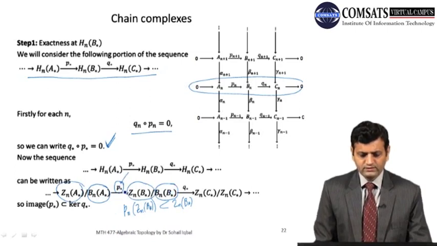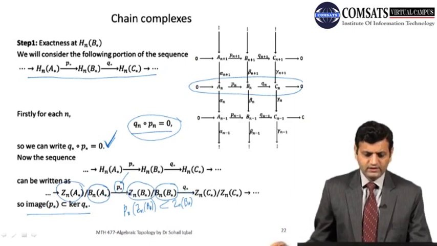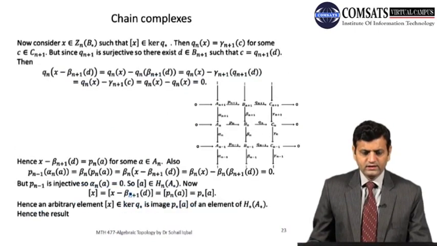So when we apply Pn first and then Qn later on, their image must be 0 using this property. So the image of P star is contained in the kernel of Q star, because the composition of any 2 consecutive maps here is 0. That's why this holds.